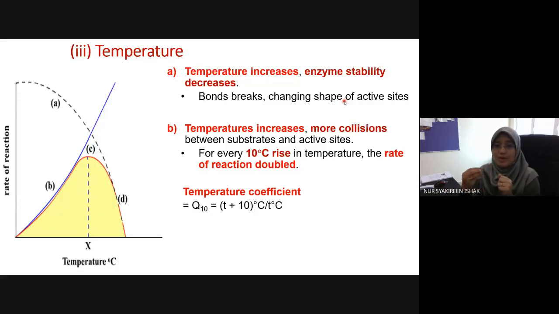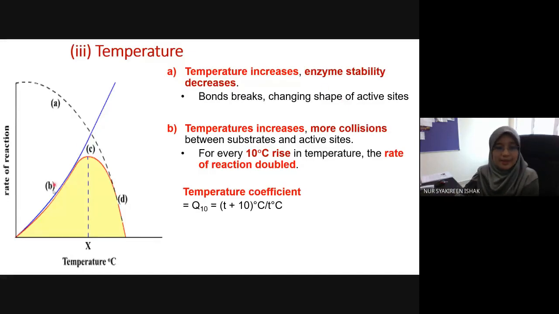But if you keep on increasing the temperature, the bonds that hold the shape of the enzyme will start to break, especially, for example, hydrogen bonds. Once the weak bonds are broken, the enzyme loses its functional shape. So the enzyme changes shape, the active site changes shape, and therefore the enzyme cannot function anymore to catalyze the reaction because substrate cannot bind to the active site.